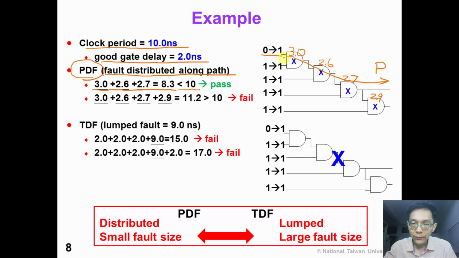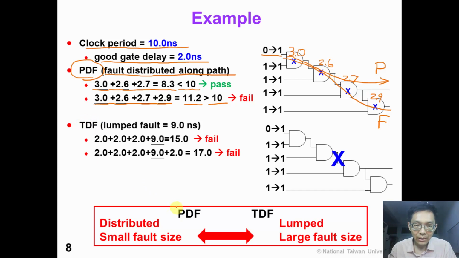However, if we observe along the long path, the accumulated path delay is 11.2 nanoseconds, which is larger than 10. So the test result is fail.